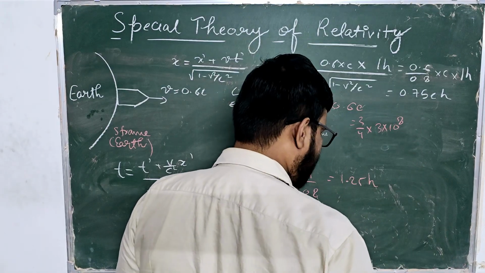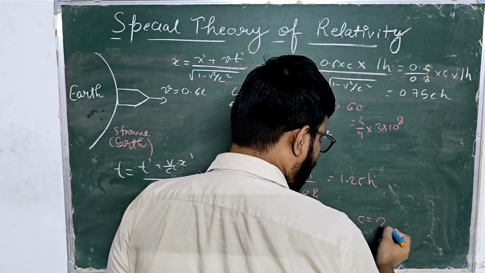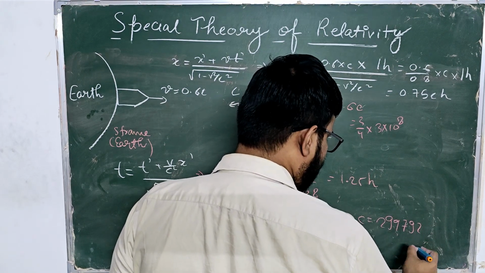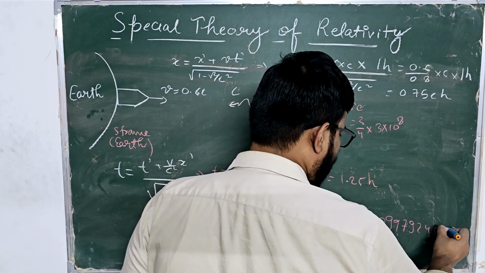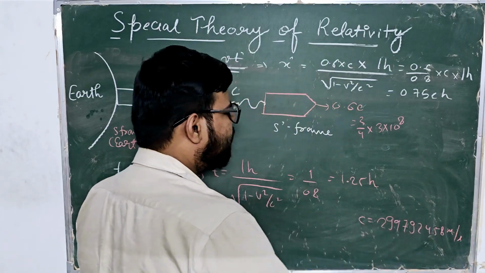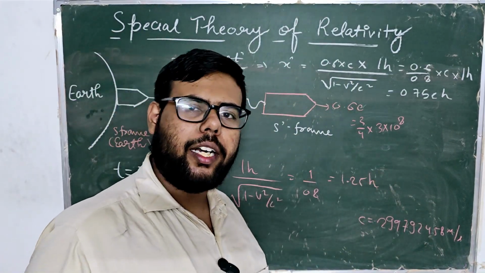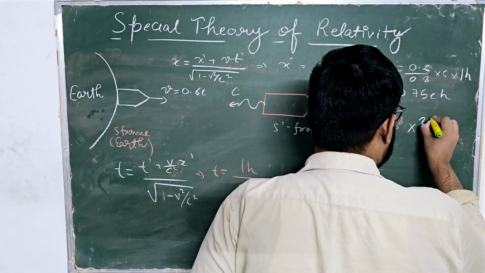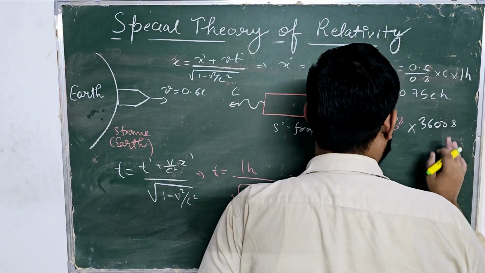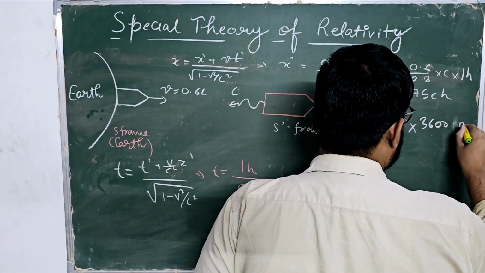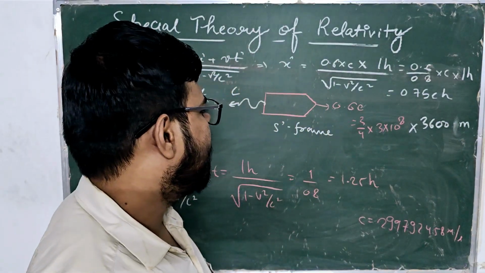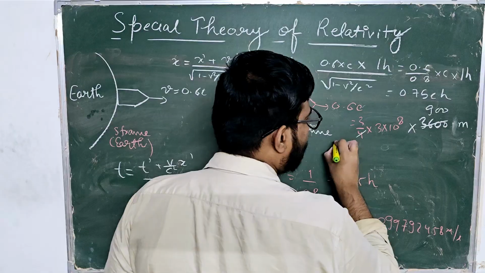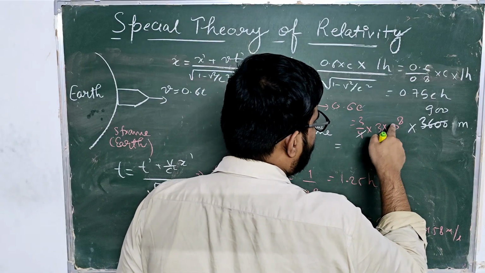Of course, the exact value of the speed of light is 299,792,458 meters per second, but for approximation, we use 3 into 10 to the power 8 meters per second times 1 hour, that is 3600 seconds. So it is in meters. Okay. You can solve it.